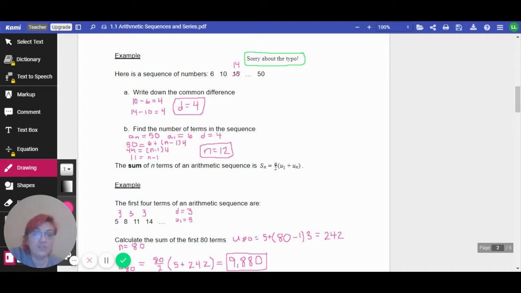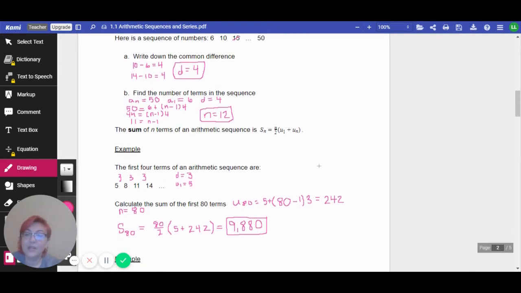I'll subtract 6 from both sides to get 44 equals (n minus 1) times 4. And then I'll divide by 4 to get 11 equals n minus 1. From there, I just add 1 to both sides to find that n equals 12. There are 12 numbers in this sequence.